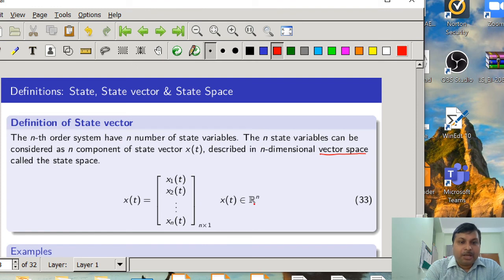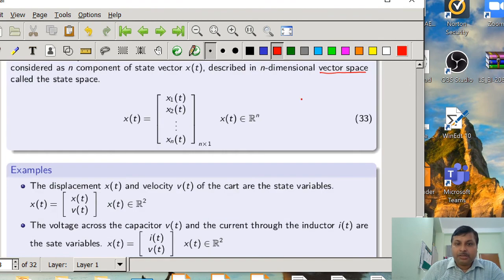It means that in the vector space of nth order, the vector space of all real numbers, we take x1(t), x2(t), ..., xn(t) from the vector space and construct the state vector in this way. So this is the meaning of the representation x(t) in equation number 33.